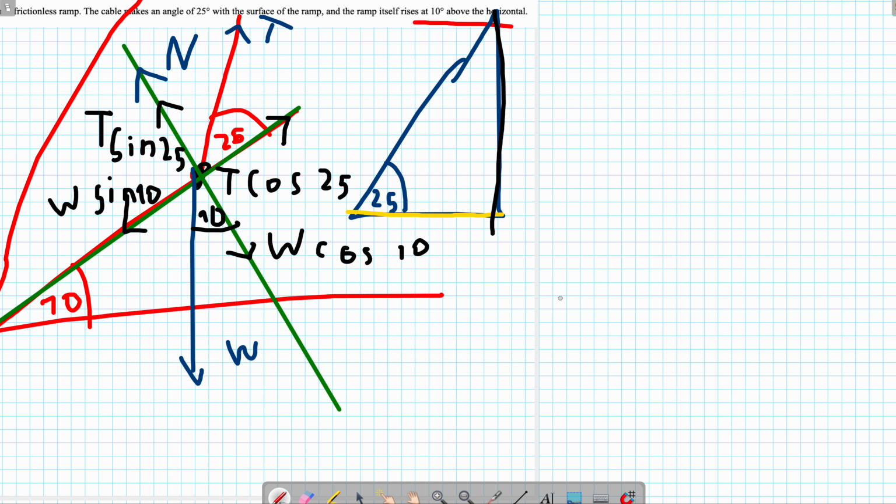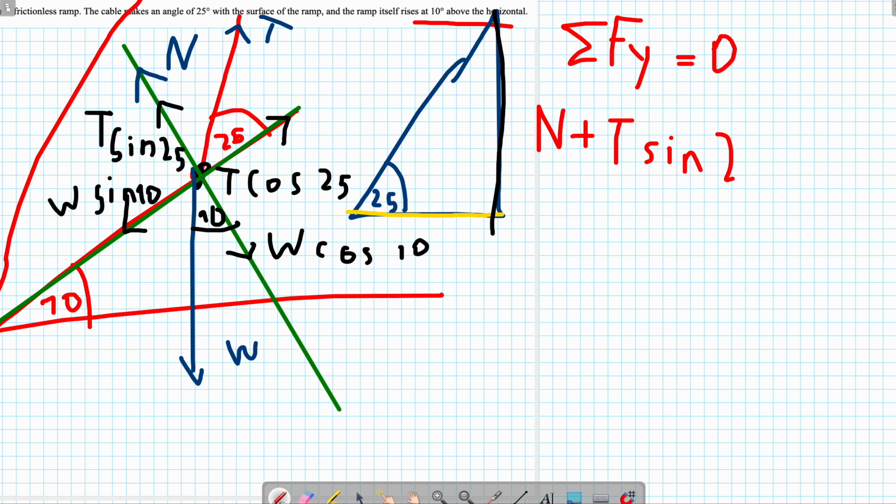Now we want the normal. Again we're gonna use sigma Fy, which is equal to 0. Now what we're gonna do is up minus down. Up is equal to down, right? So normal plus T sine 25 is equal to W cosine 10.